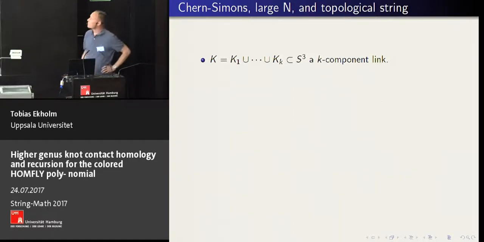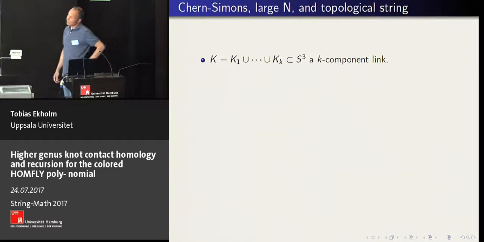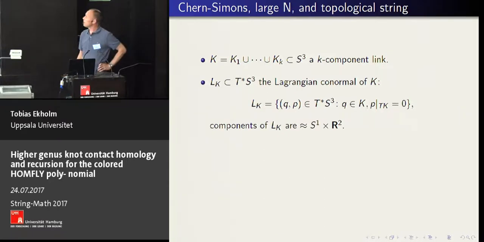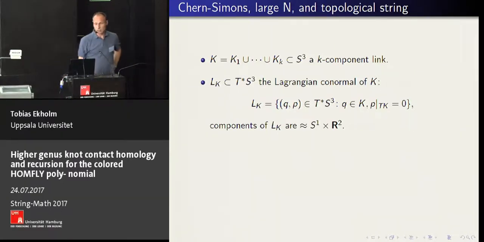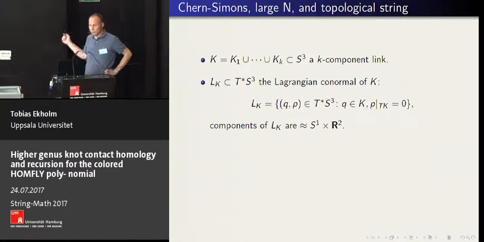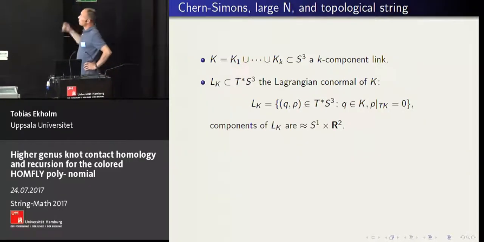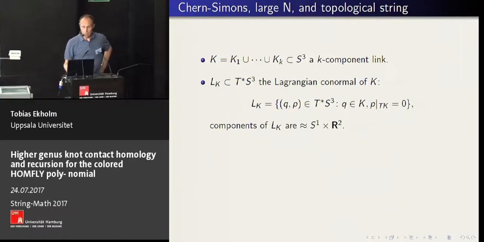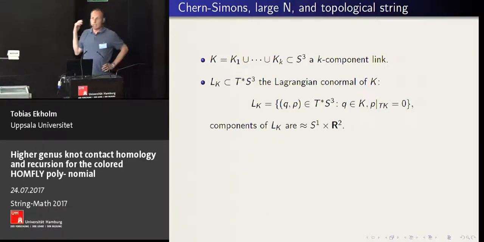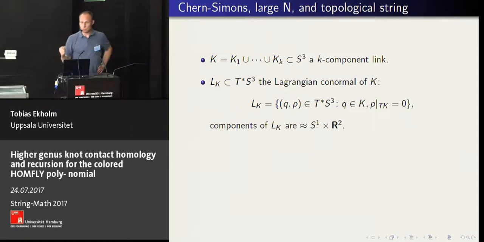Okay, so let me try to give the setup. We start with a k-component link in the three-sphere, and associated to that there is a Lagrangian in the cotangent bundle of the three-sphere, the conormal. So all the covectors along the knot or link that kill the tangent vector. Topologically, each component is just an S1 times R2.